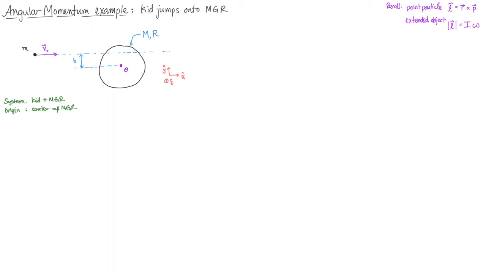We have two pieces of information. We have Newton's second law, or the linear momentum principle, which says the change in the system's momentum is brought about by a net external force. And we have the angular momentum of a system will change in response to a net external torque.